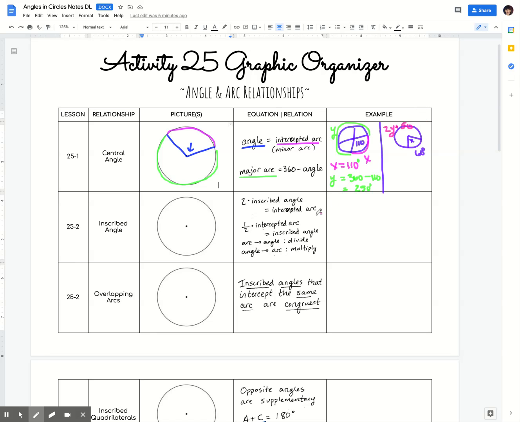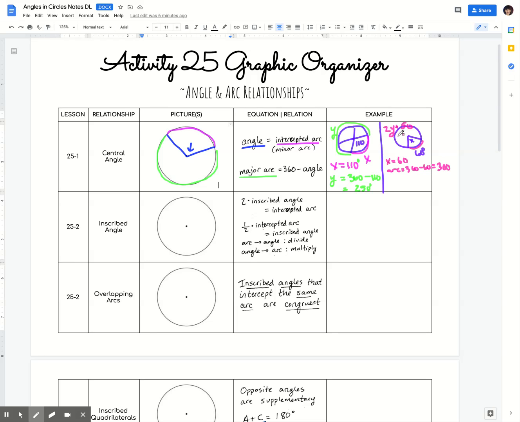Again, X is pretty simple, because the arc is 60, so the angle must also be 60. But Y is a little bit trickier. I know for sure that the degree measurement for this major arc has to be 300, because the arc is 360 minus 60, which is 300.